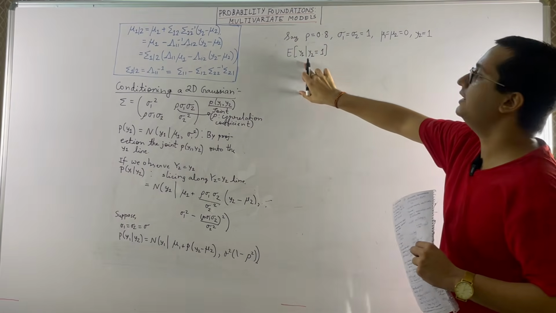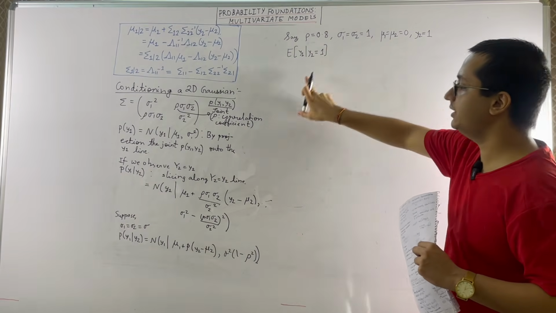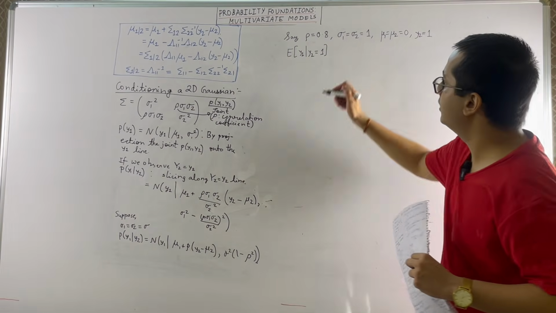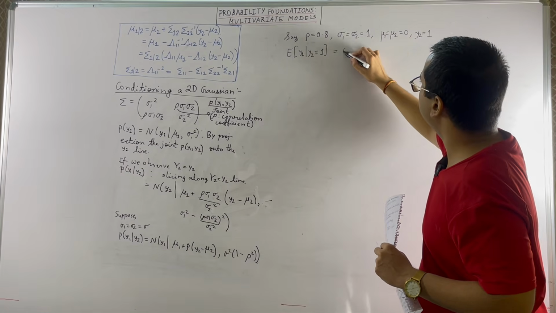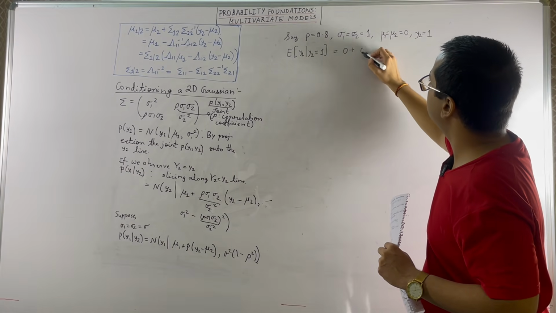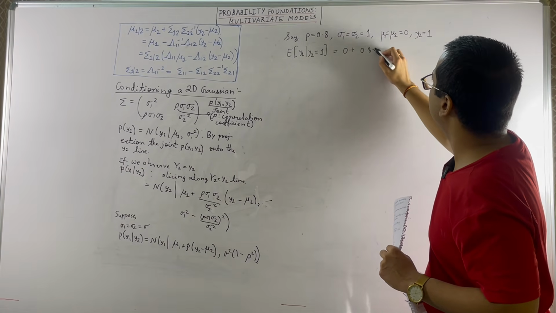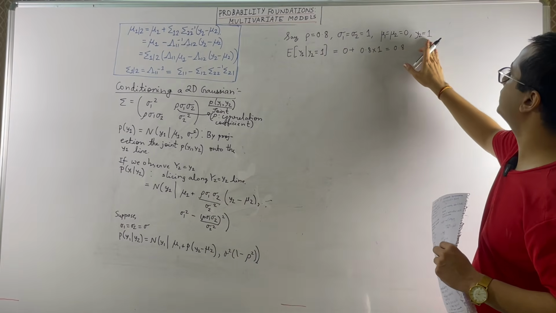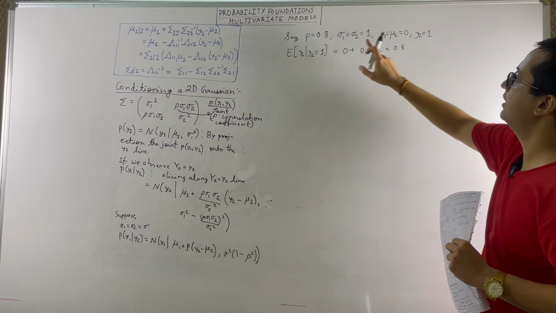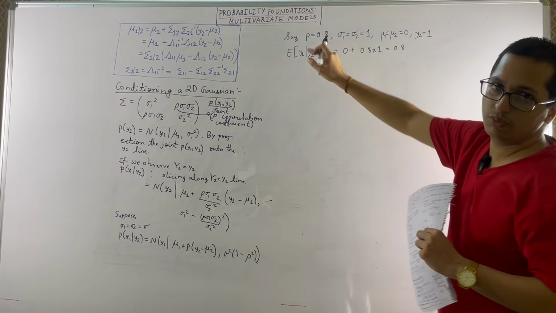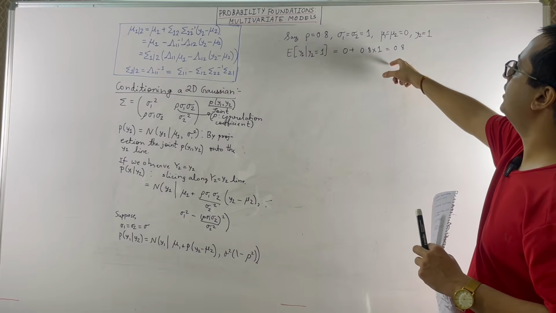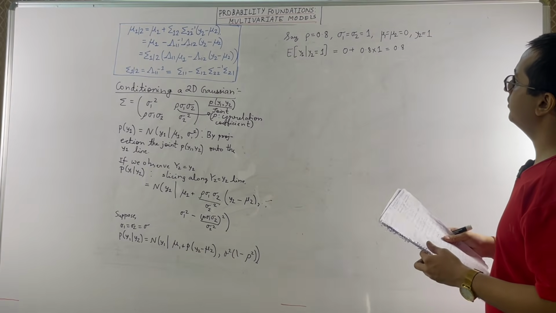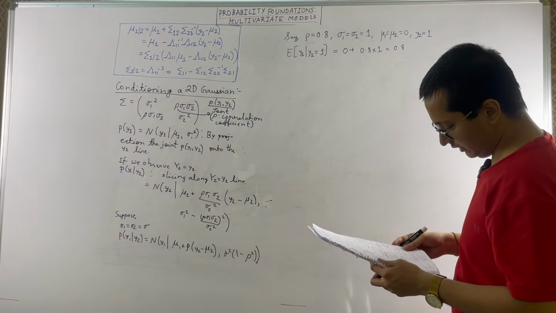That is nothing but the conditional mean, because expectation is the mean. So mu1 is 0 plus 0.8 into 1. And this sounds obvious, because if y2 increases by 1, then because rho is 0.8 correlation, y1 should increase from 0 to 0.8. So this expected value is 0.8.